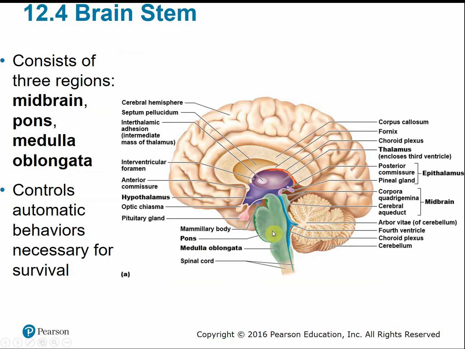The brain stem, the region shown in green, consists of the midbrain, the pons, and the medulla. This is considered your lizard brain. It controls your autonomic behaviors that are necessary for survival. This region of the brain, your most primitive part of the brain, is primarily concerned with keeping you alive, keeping your vital body systems functioning.